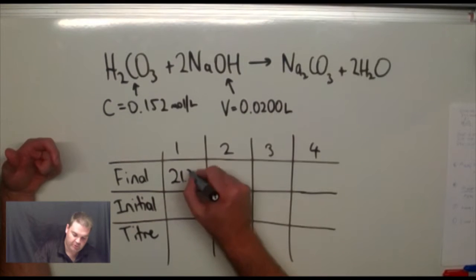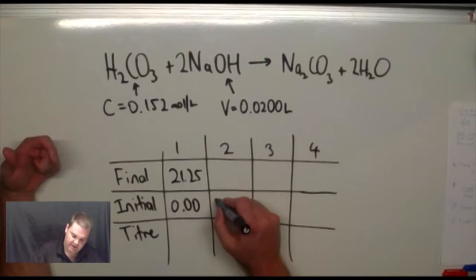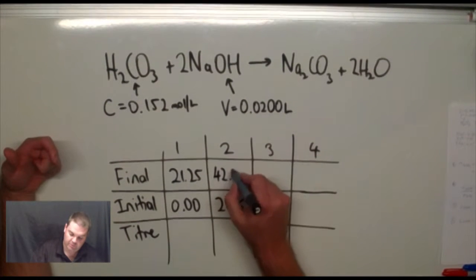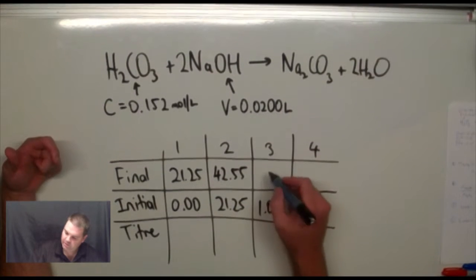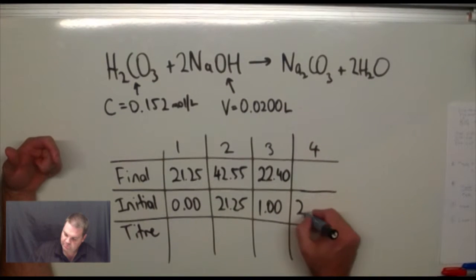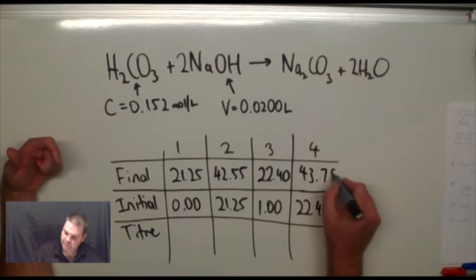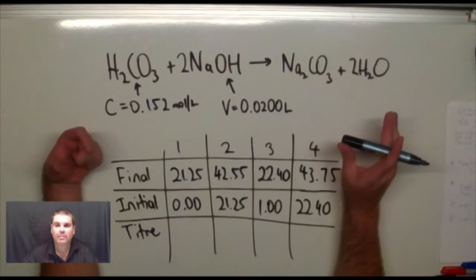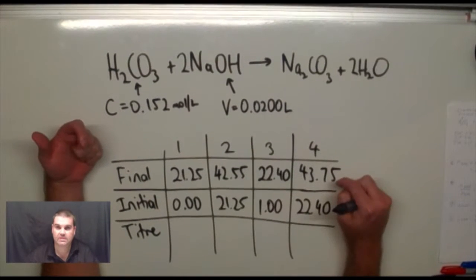So 21.25 starting at 0.00. Then we started at 21.25 here, just following on, went to 42.55, we started at 1.00 here, went to 22.40, and we started this one at 22.40, and we went to 43.75. So what I wanted to point out in this is to make sure you remember that when you're reading your burette, you can always read to 2 decimal places, okay?